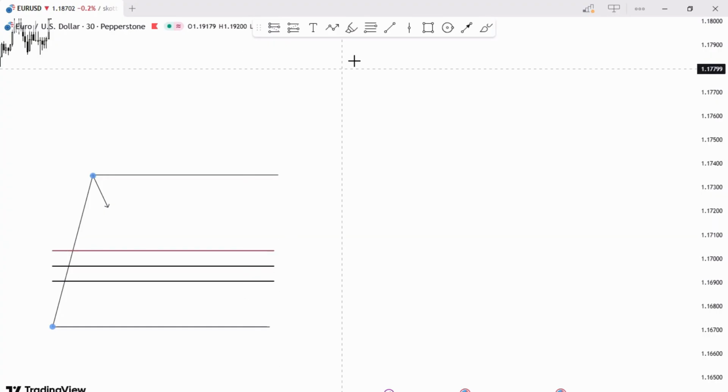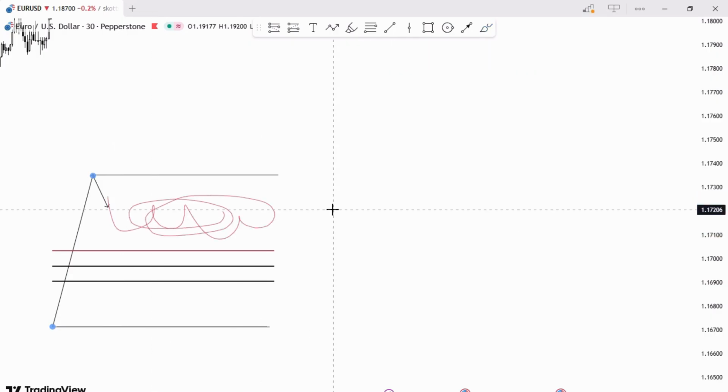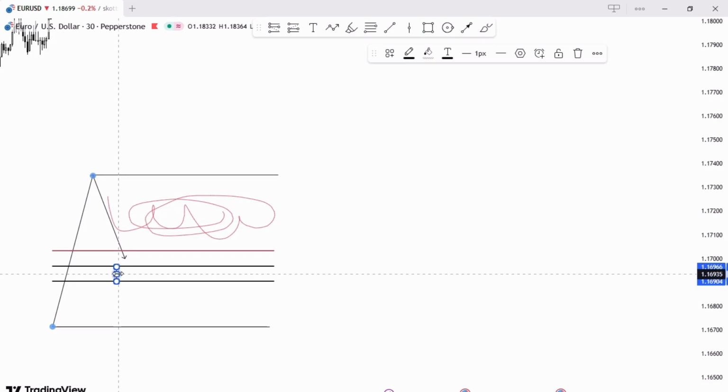Any trading pattern that appears above the red line here is not what we're looking for. So I wait for price to trade all the way below this equilibrium price, and only then I look to take trades. There's no candle formation or any specific pattern that I look for.